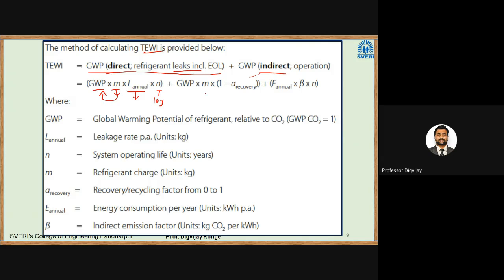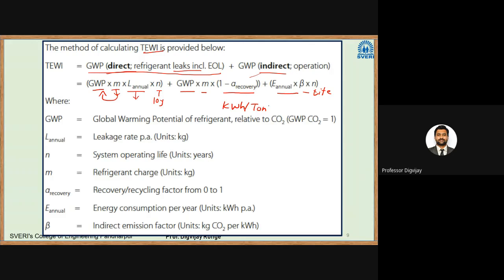If I go for indirect impact, in this case, again, GWP of the refrigerant, mass of the refrigerant, then they are considering some recovery factor. Then they are considering the energy generation or energy consumption, then some factors, and then the service life of the plant. So if I take a thermal power plant, it is generating power in like suppose k kilowatt hour, and for this kilowatt hour, some ton of refrigerant will be used.